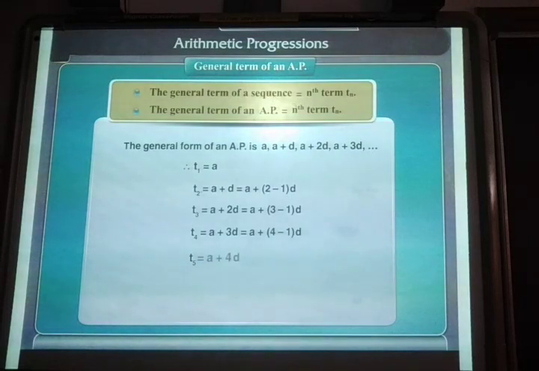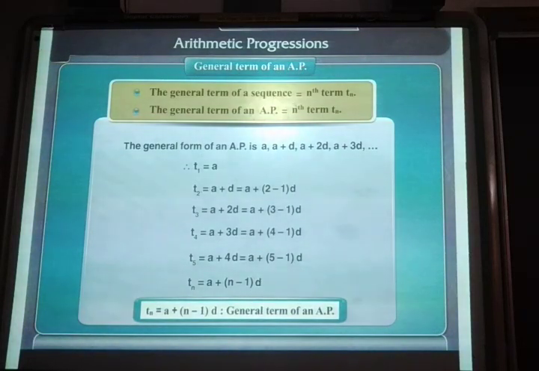T5 can be written as A plus 5 minus 1 into D. Now what will be Tn? Tn should be A plus n minus 1 into D. Tn is equal to A plus n minus 1 into D is the formula for the general term of an AP.